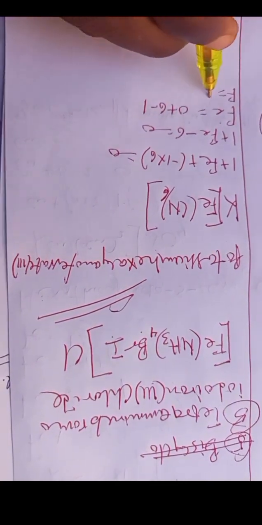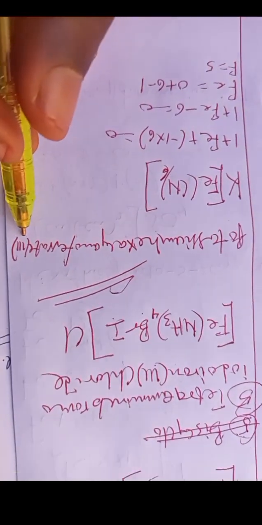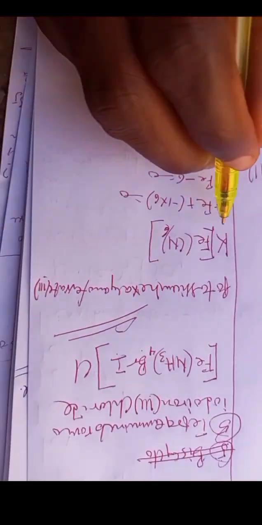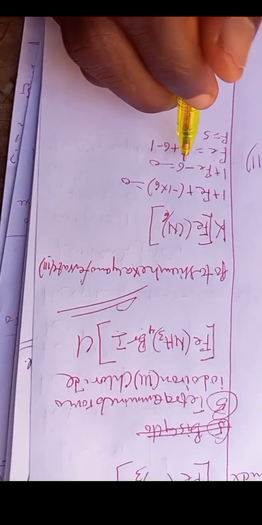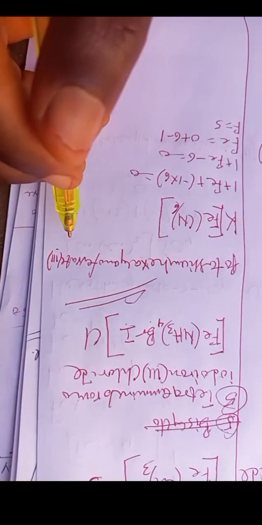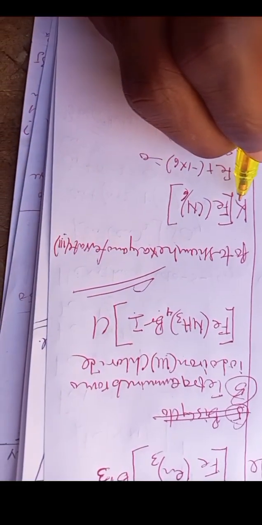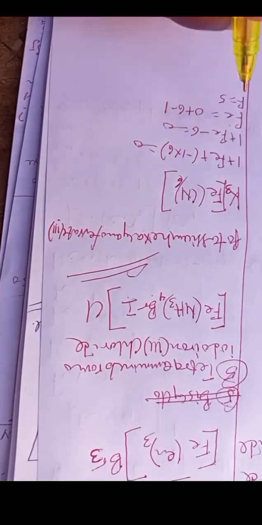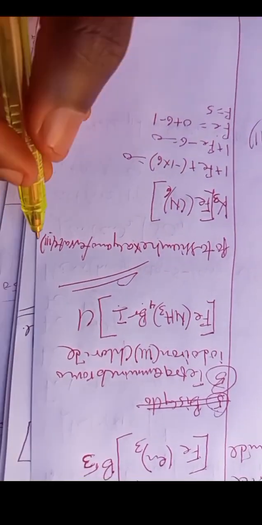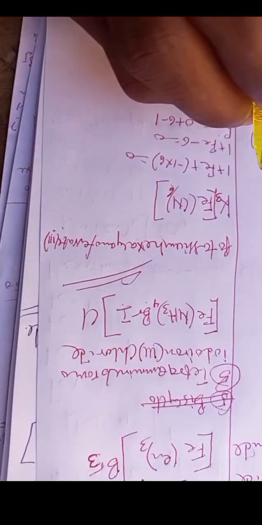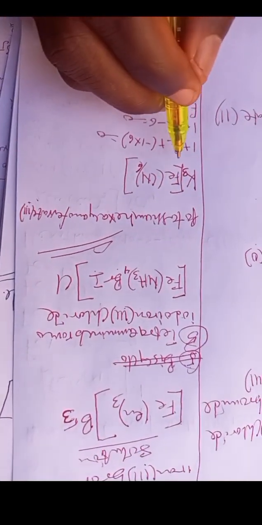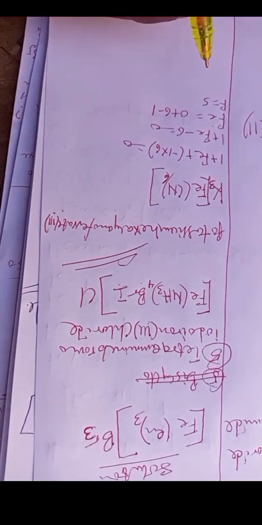So Fe is equal to 5. Meanwhile, in this place, you have ferrate(III). It means that this K is supposed to carry a particular number. So which number are you going to subtract from 6 that will give you 3? When I try 1, it gives me 5, and I'm supposed to have 3. If you try 2, you're going to have 4. And if you try 3, you're going to have 3. So this should be K3 open bracket Fe(CN)6.